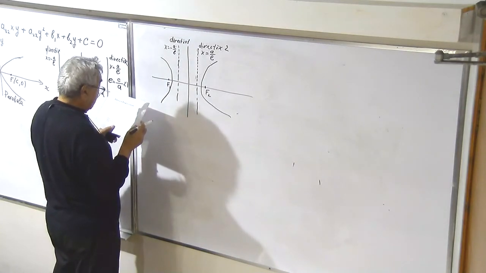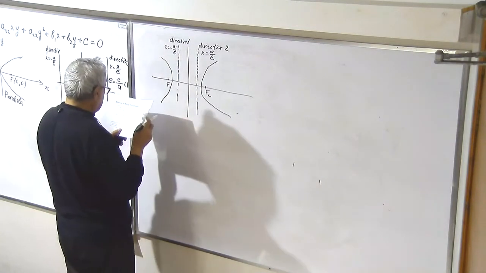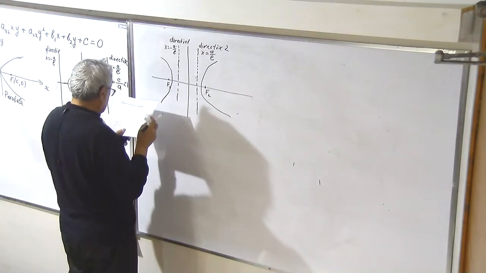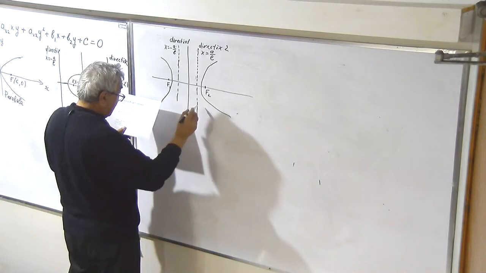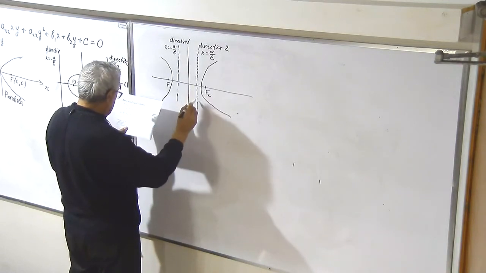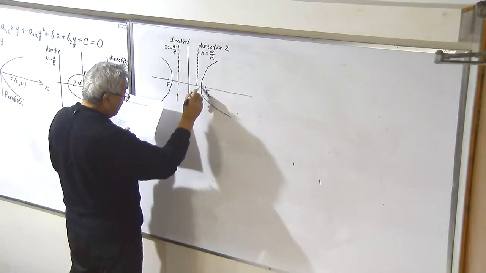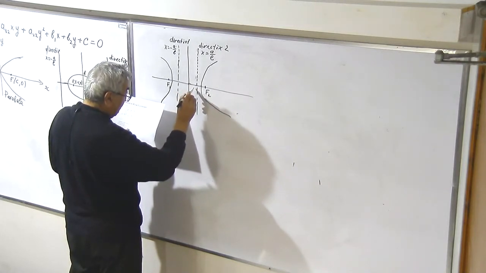The distance between F1 and F2 is 2c, so half of it is c. And a is the distance from the origin to here, this will be a.